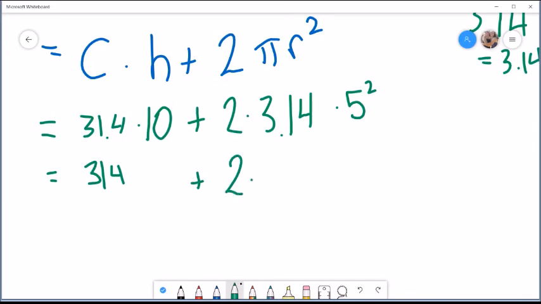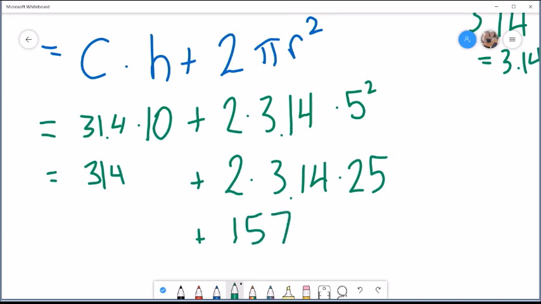So we have 2 times 3.14 times 25. I'm going to take out my calculator to do this part because it would take me a little while to do it by hand. You can use your calculators as well. So 2 times 3.14 times 25 gives us a really nice 157 as our number.